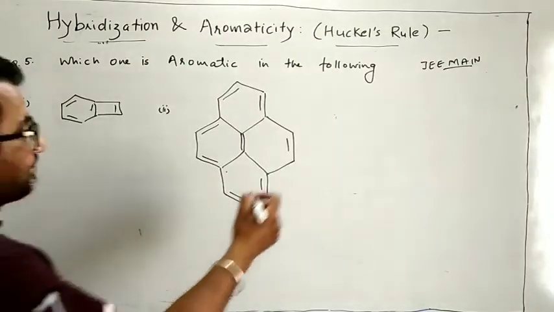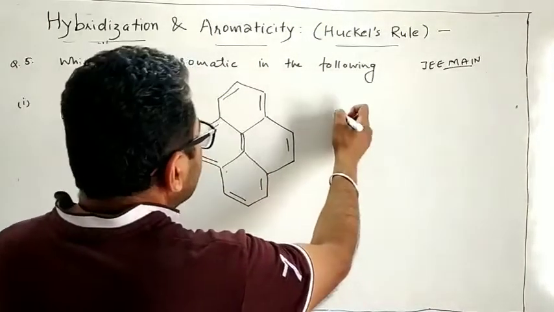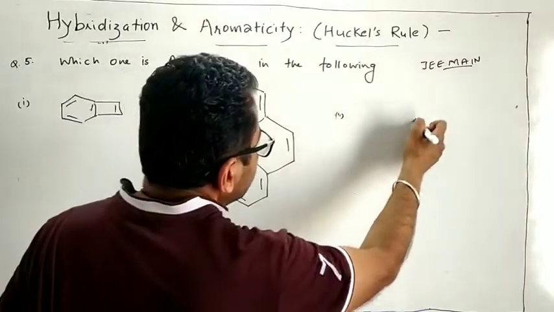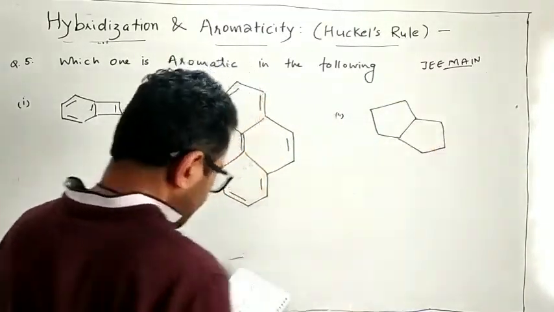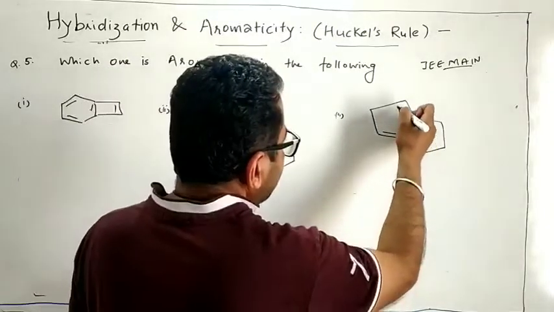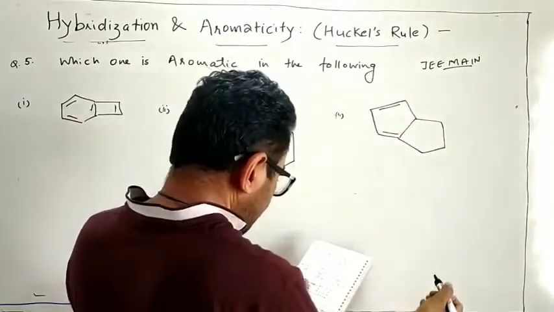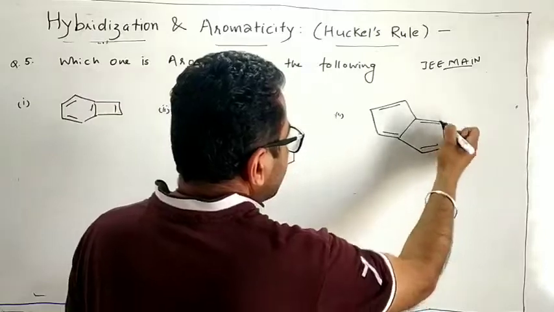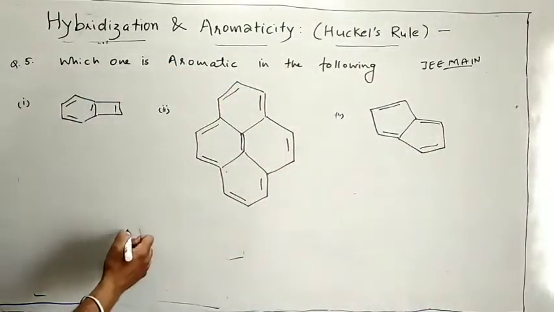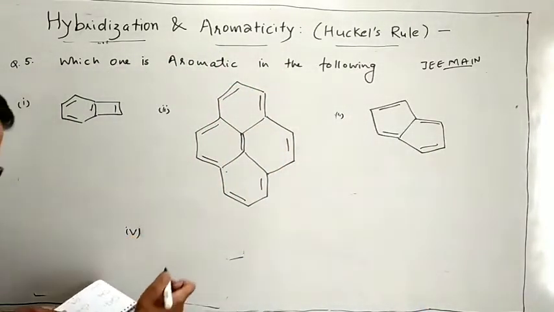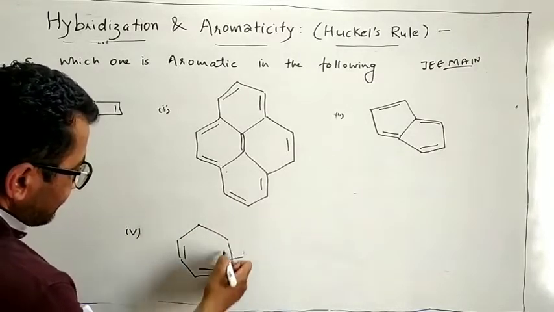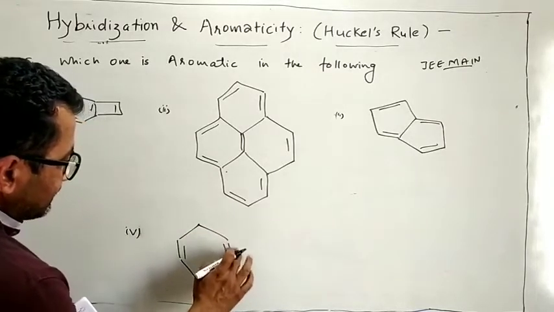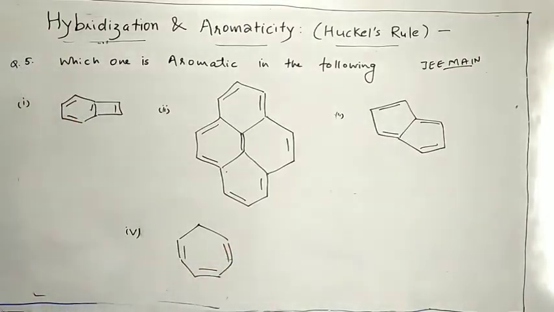This is the second option. Third option is a 5-member ring like this, which has an electron pair like this. And the last, fourth option is a compound with a 7-member ring like this. So these are the options.